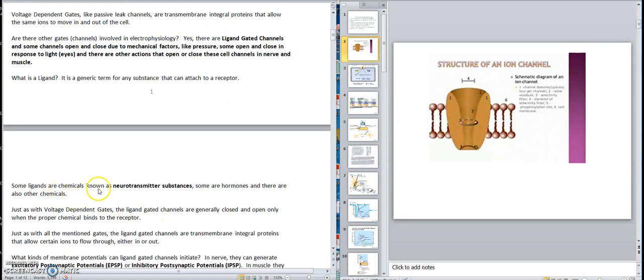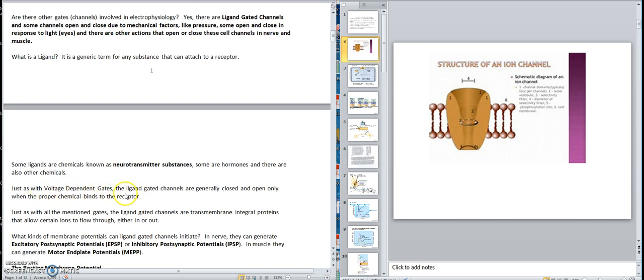Some ligands are chemicals known as neurotransmitter substances, and that's what we're going to really focus on much later in these videos and in this document. Some are hormones also, and some are other chemicals. But we're going to focus on neurotransmitter substances, which also would have been covered in the text when you read those pages.